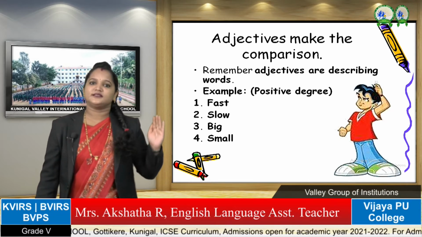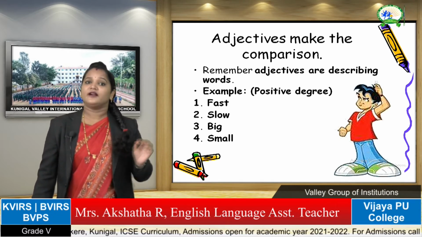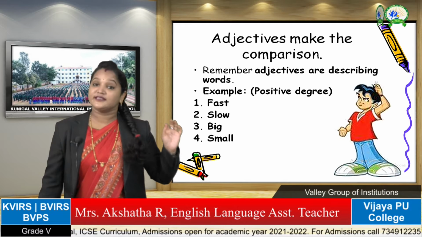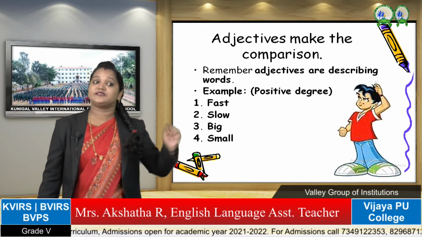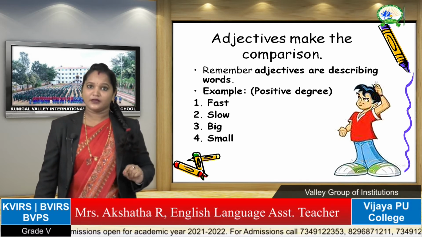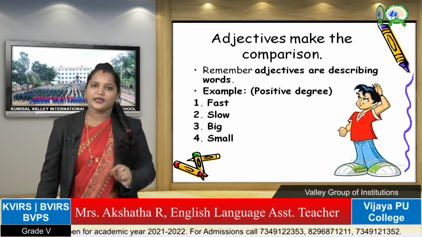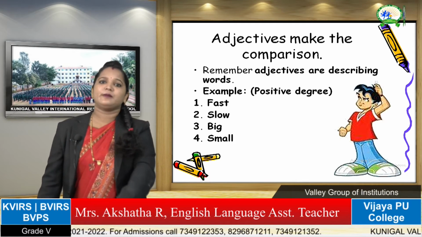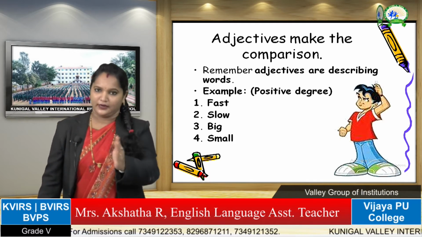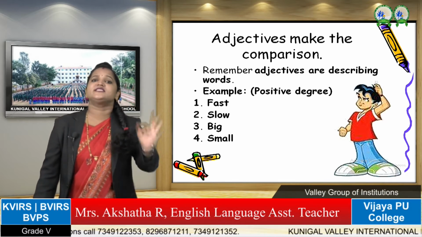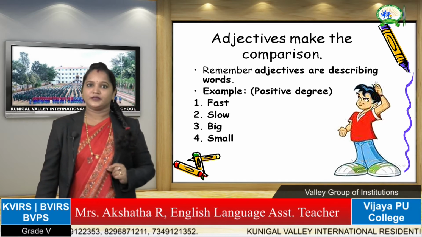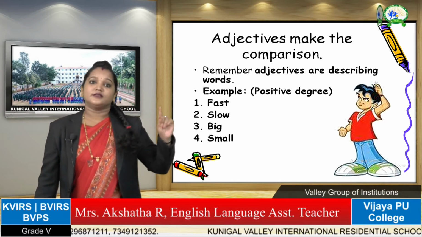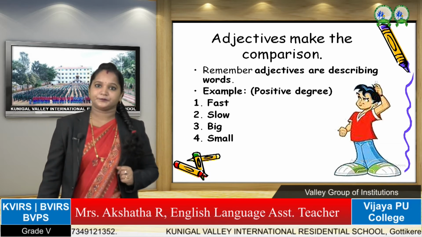Let us see what the different types of comparison are. Remember, adjectives are describing words. When we are talking about only one noun, when we are describing only one person or thing, we use the positive degree. For example, she is fast.